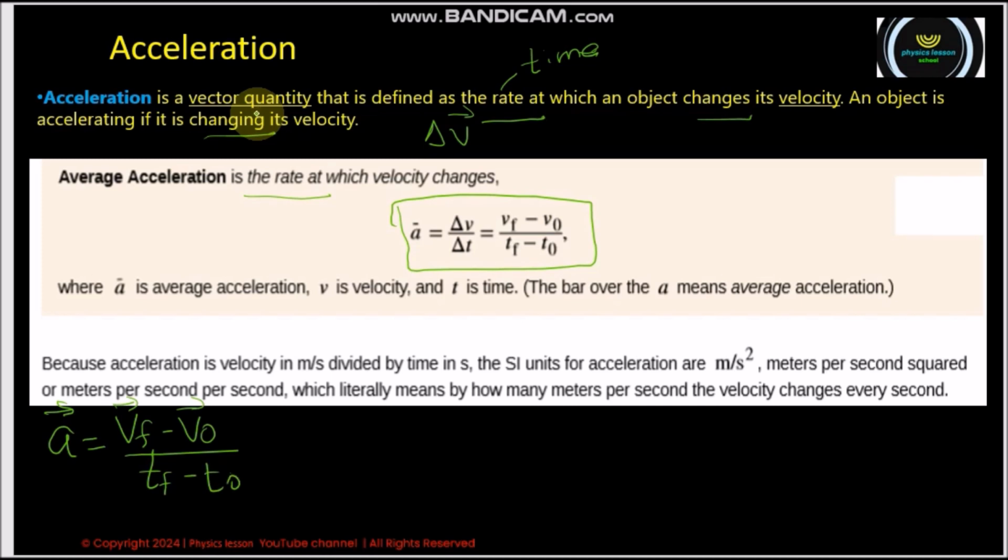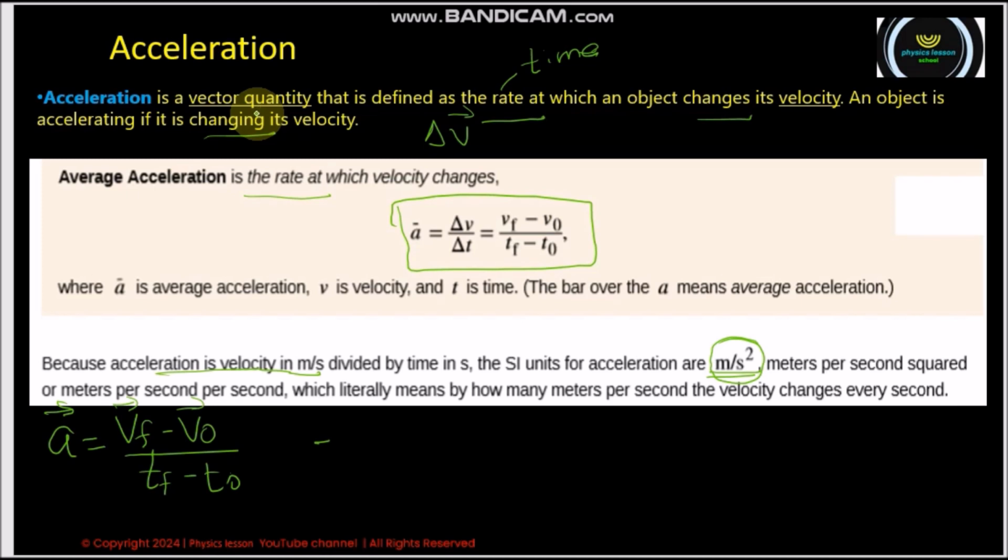Because velocity is in meters per second, the SI unit of acceleration is meter per second squared.